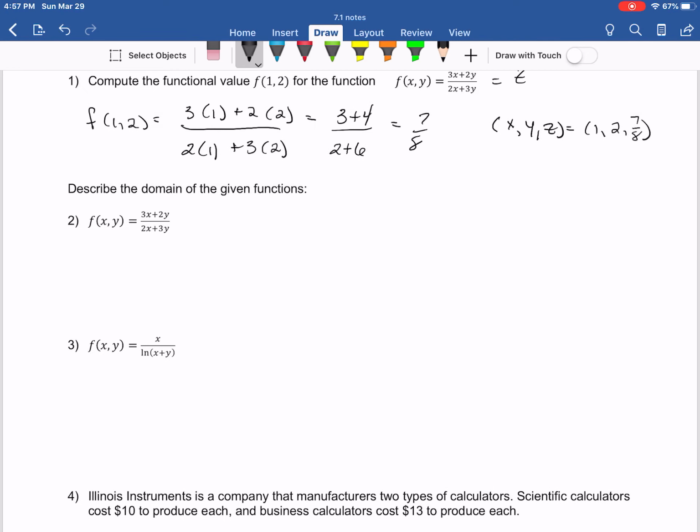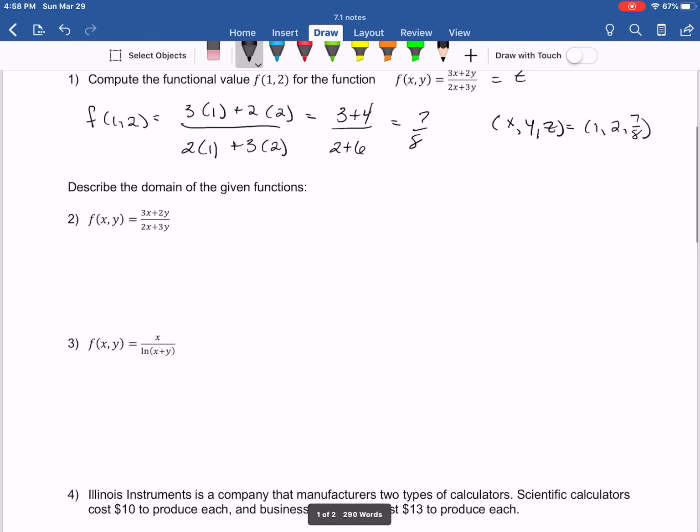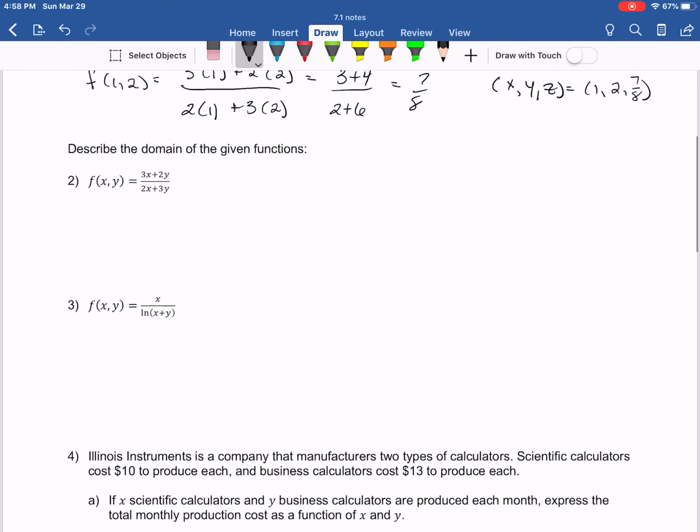We're going to discuss the domain of the given functions. The first one is the same as the one we just discussed. So the domain of the given functions relies on the same principles that we've already learned. Whenever you're looking at a fraction, if the function contains a fraction with variables in the denominator, that denominator cannot be equal to 0. So we want to make sure that whatever quantity is in the denominator is not 0, which is what we have in this first case, example number 2.